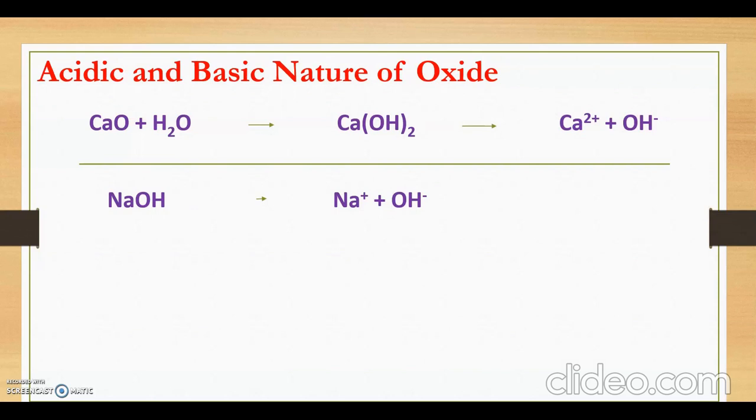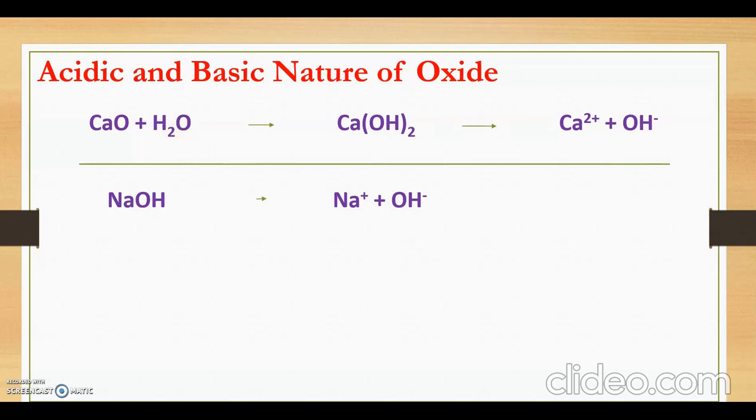An element which loses an electron easily and gets converted into a positively charged ion or cation is said to show more basic character. The lower the value of ionization energy, the easier it is to remove an electron, therefore the lower the ionization energy of an element, the greater will be the basic character. Metal oxides and hydroxides are basic in nature.